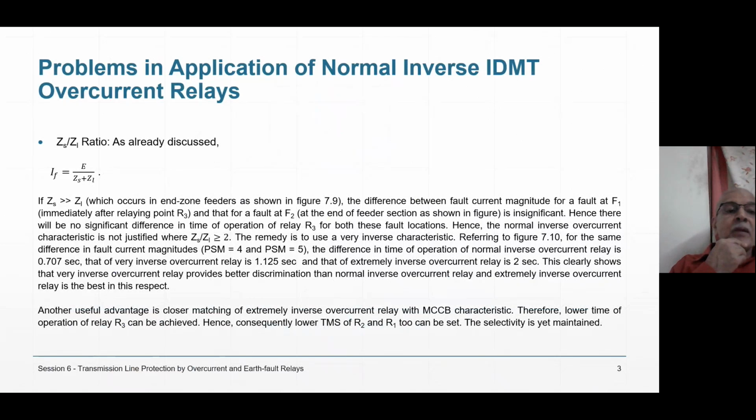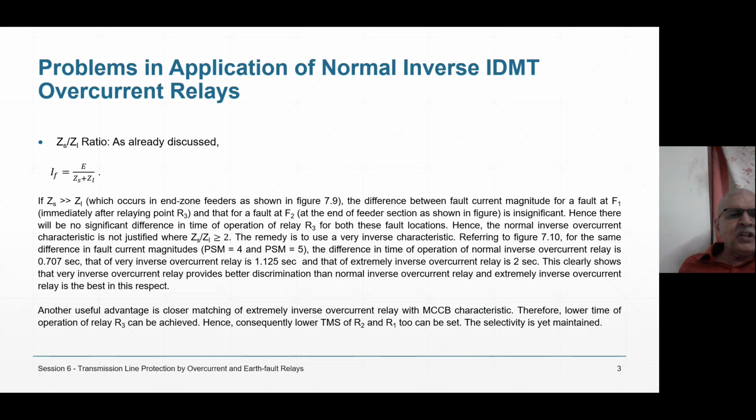So the first problem is the ZS by ZL ratio. We have already discussed that IF, the fault current, is E upon ZS plus ZL, where E is the induced EMF by the generator, ZS is the impedance from source up to the relaying point, and ZL is the impedance from relay to fault.